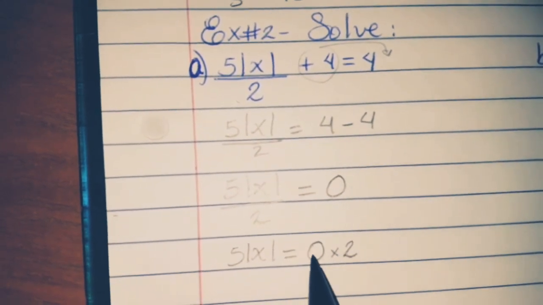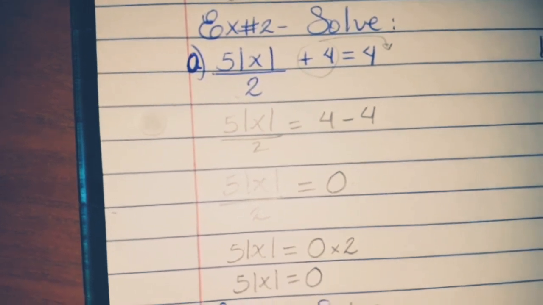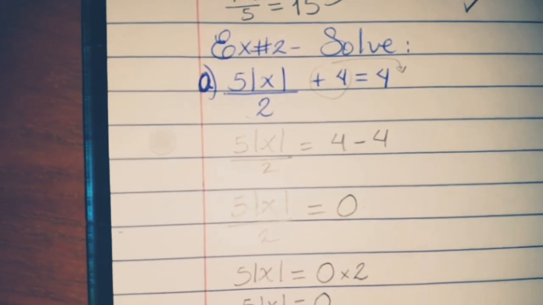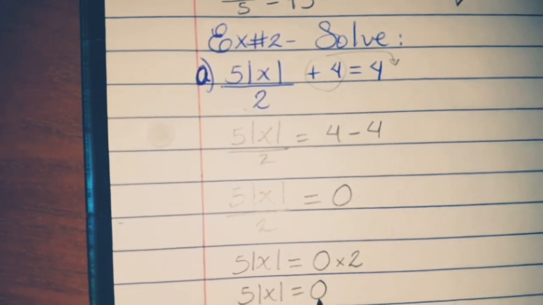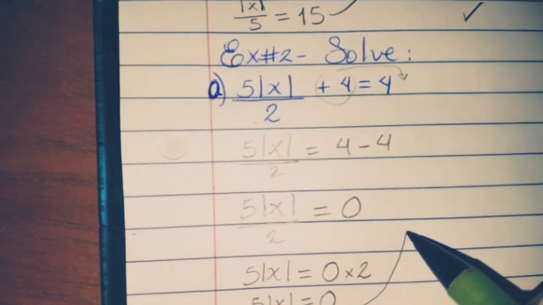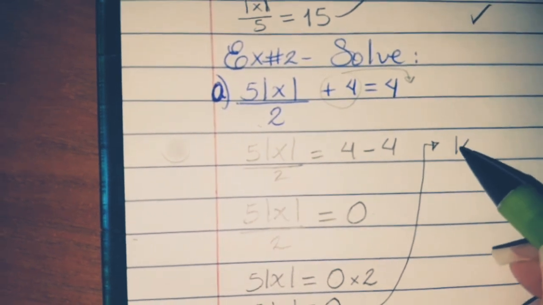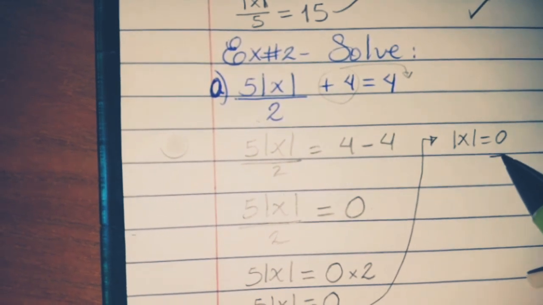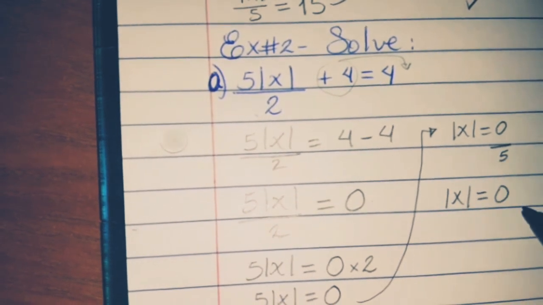How much is 0 times 2? Correct, it is 0. But we still have a 5 multiplying the absolute value. So let's isolate x. Absolute value of x equals 0 divided by 5. Absolute value of x equals 0.